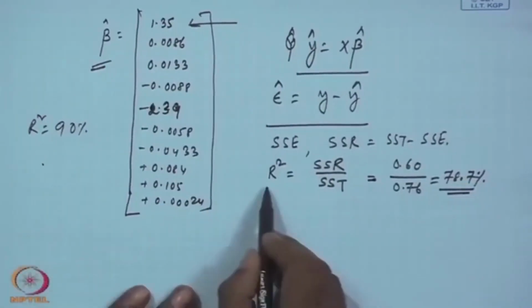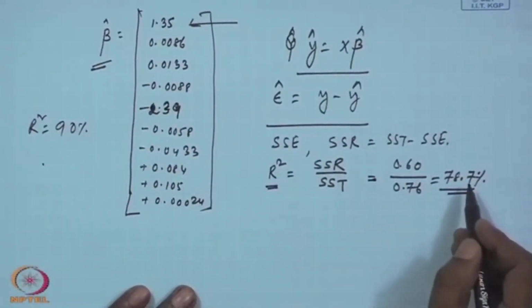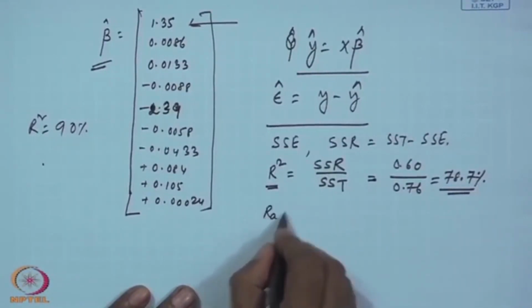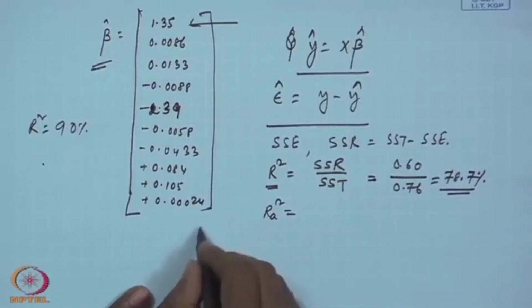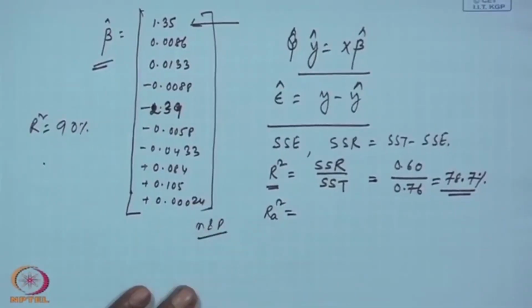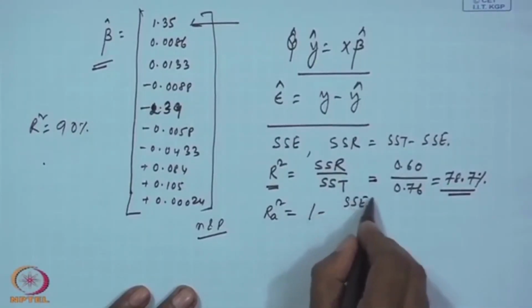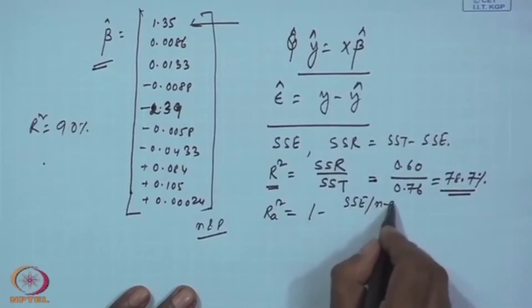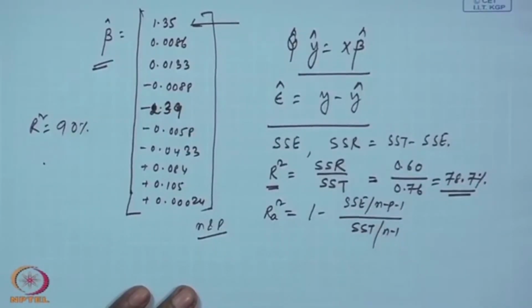So, I think this is a reasonable model to consider. Okay. Once you get R square, you may also be interested to know whether there is an effect of the number of parameters relative to the number of observations. So, N and P, that relationship you want to test. So, R A square, what will you do? R A square will be 1 minus SSE by degrees of freedom, that is N minus P minus 1, divided by SST by degrees of freedom, that is N minus 1.